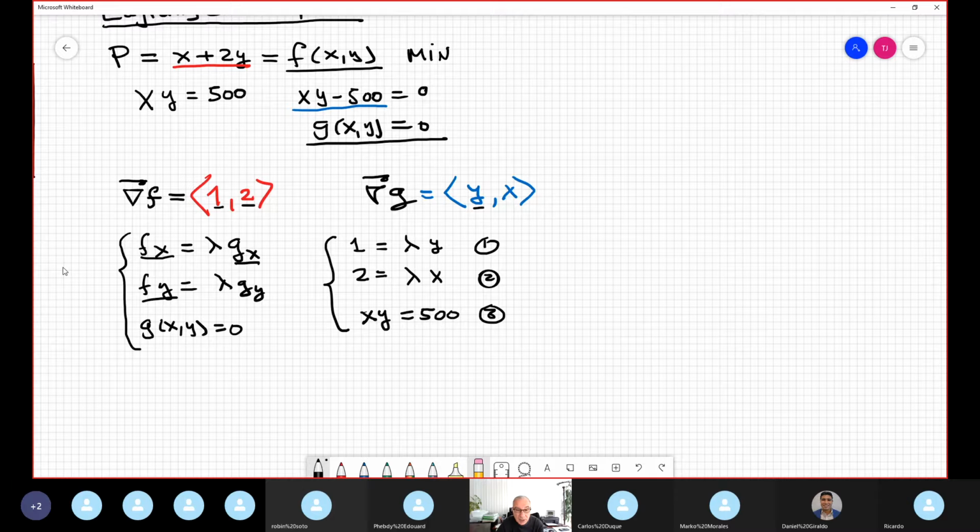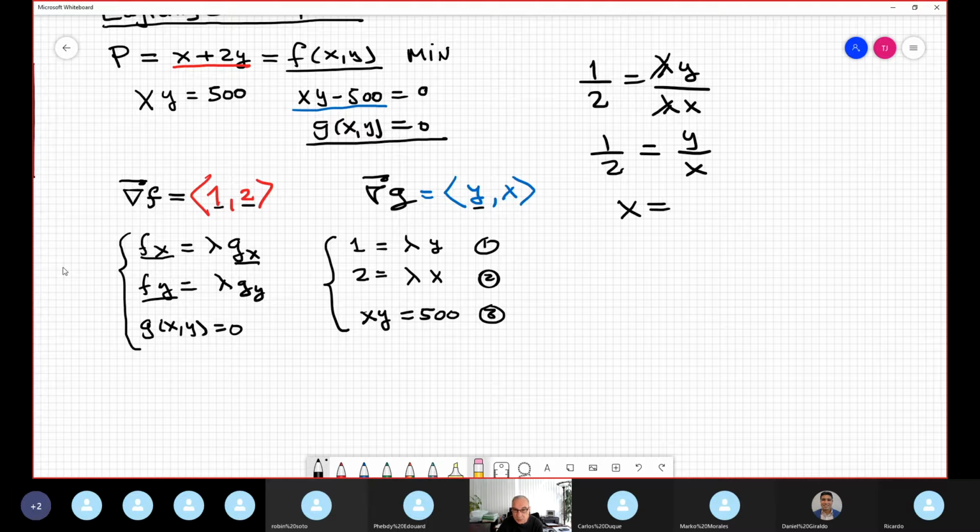Therefore, you divide equation 1 by equation 2. 1 over 2 is equal to lambda y over lambda x. And lambda is cancelled because I don't care. 1/2 is equal to y over x. Cross multiplication, it's obvious that x is equal to 2y.